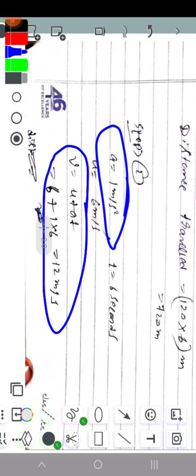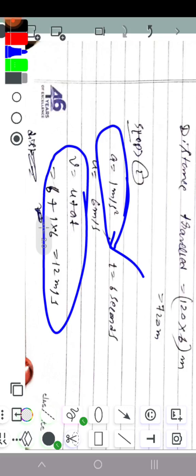What is the initial velocity? 6 meter per second after 2 minutes. That means 2 minutes to 2 minutes 6 seconds. I'm repeating, 2 minutes to 2 minutes 6 seconds. Within this time interval, I'm assuming 2 minutes as the initial time, and for the next 6 seconds it has accelerated with 1 meter per second square.